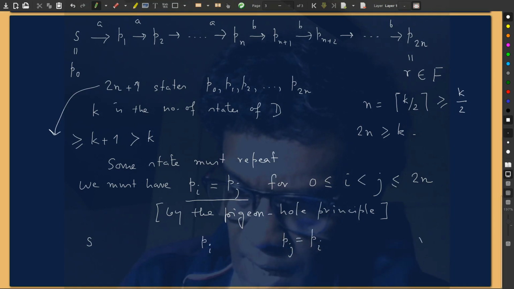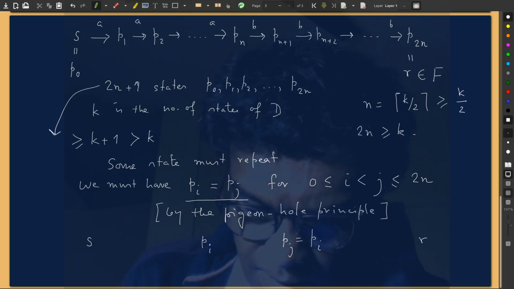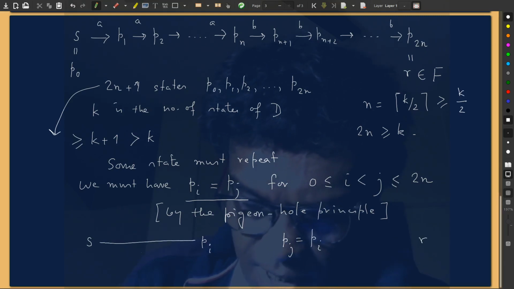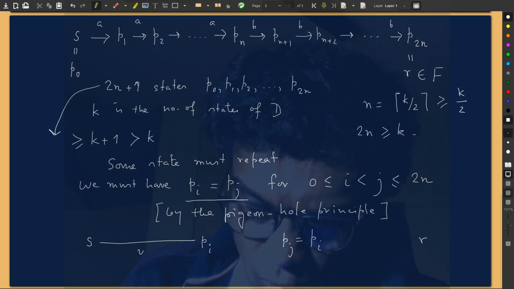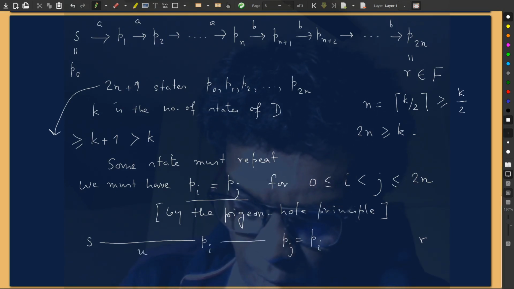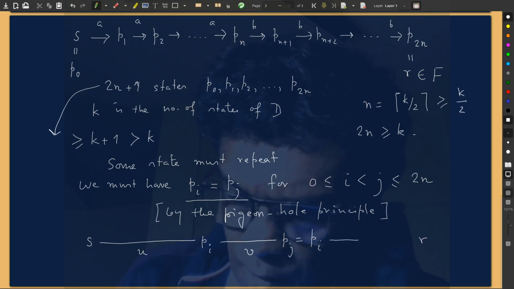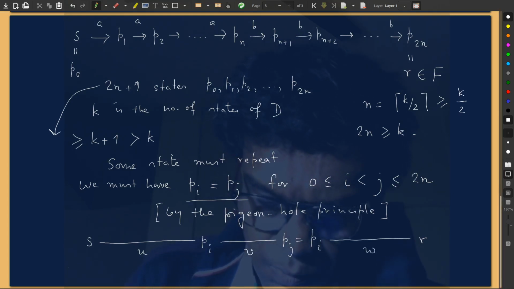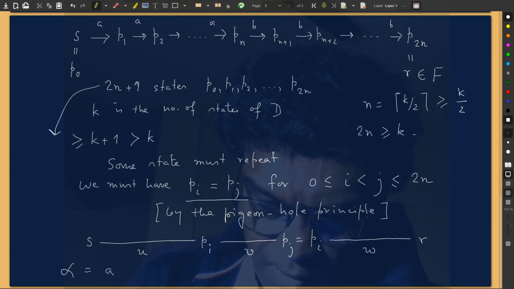Eventually, I end up in R. Let us say the amount of input consumed from S to pi is U, from pi to pj is V, and from this to the final state is W.